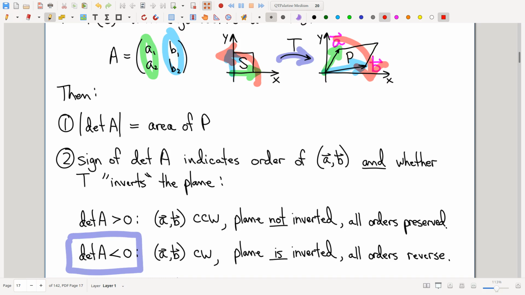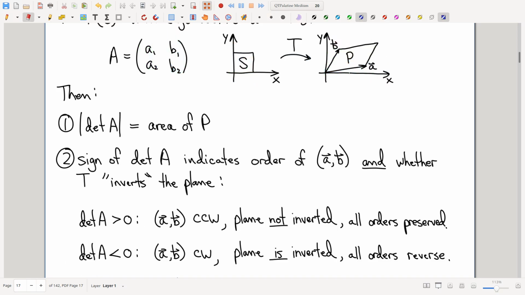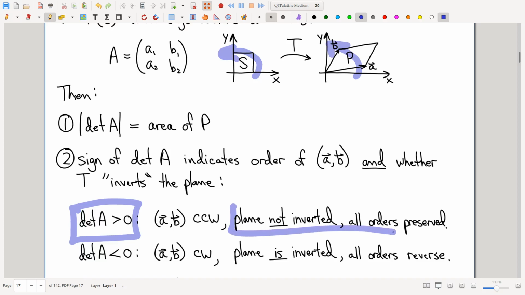And that's if the determinant's negative. Let me go back to the original drawing. When the determinant is positive, counterclockwise just goes to counterclockwise, and there is no flipping because we're keeping the order the same.